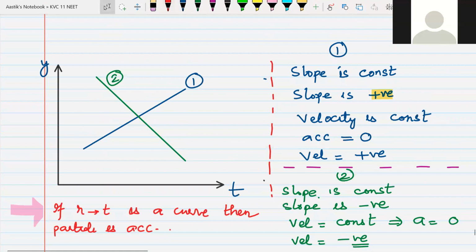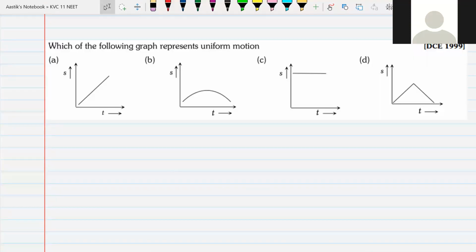Let me now start with a question. And I guess my students will be able to give me the answer. Question number 1. Which of the following graphs represent uniform motion?